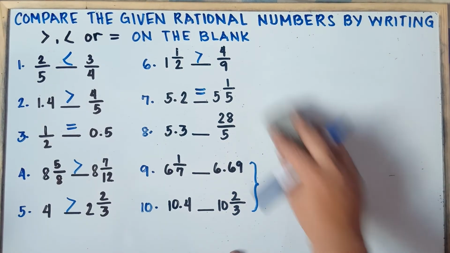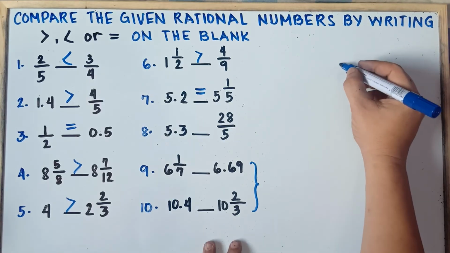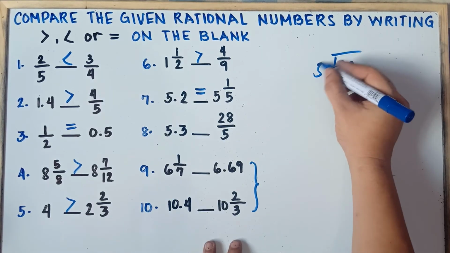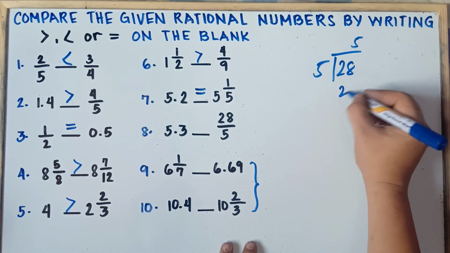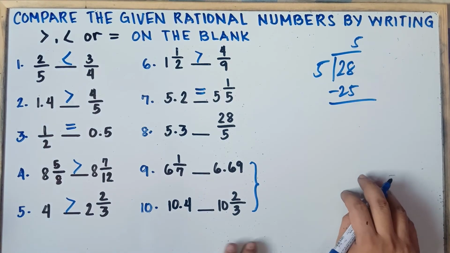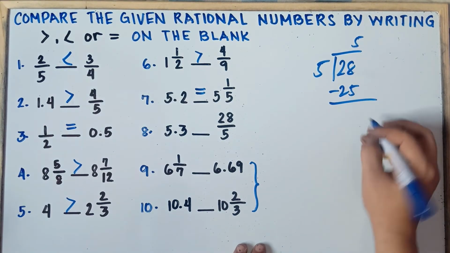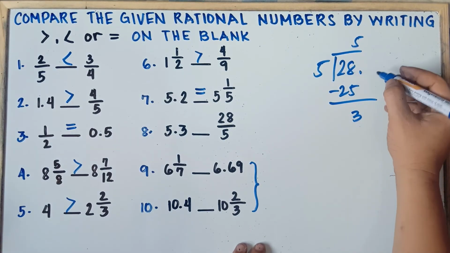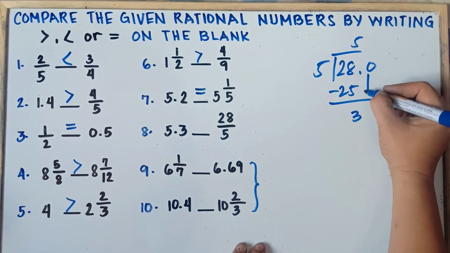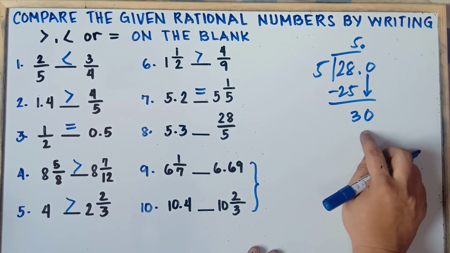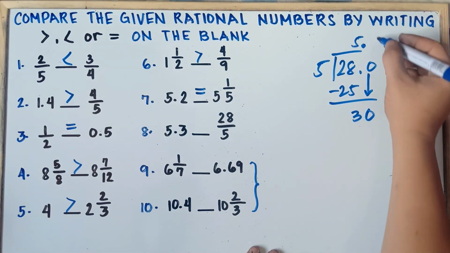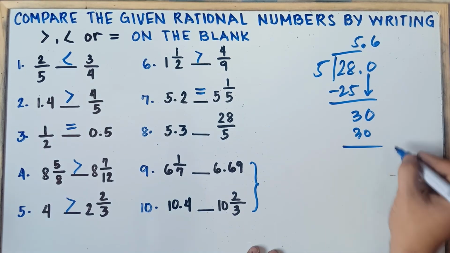So we need to convert this one into a decimal. So let's divide 28 divided by 5. 28 divided by 5, that's 5. 5 times 5 is 25. Subtract 28 minus 25, that's 3. Alright, and then you add a 0, bring down 0, and you put a point. 30 divided by 5, that is 6. 6 times 5, that's 30.